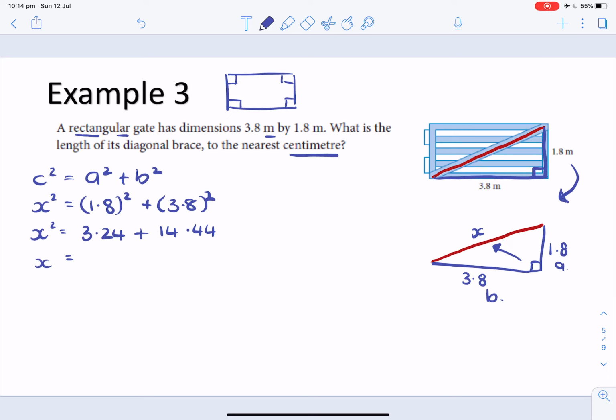X squared is equal to, let's add these together, equal to 17.68. At the moment, again, we're still in metres. Oops, I forgot my squared. And then we need to square root both sides. So x squared is equal to 17.68.